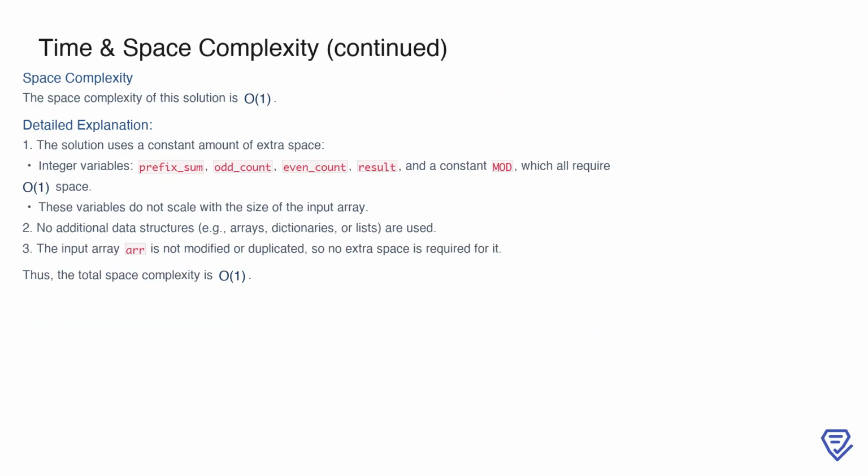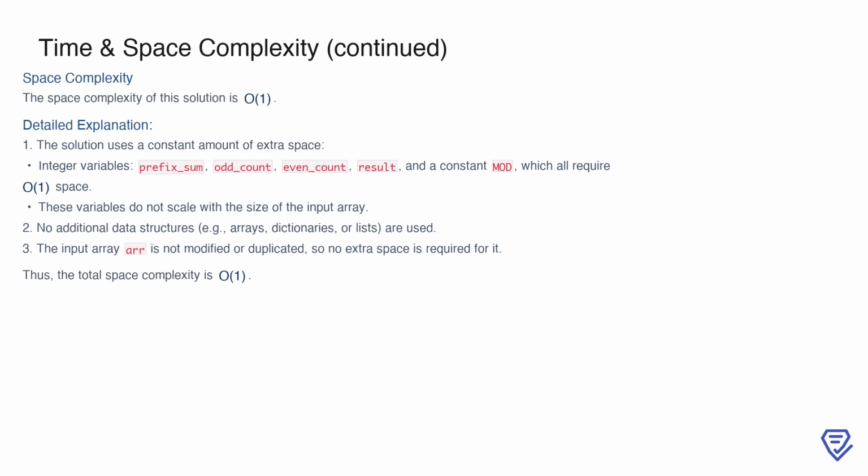Now, let's discuss the space complexity of the solution, which is O(1). This is because the algorithm only uses a constant amount of extra space, regardless of the size of the input array. Specifically, we use a few integer variables like prefix_sum, odd_count, even_count, result, and a constant mod.